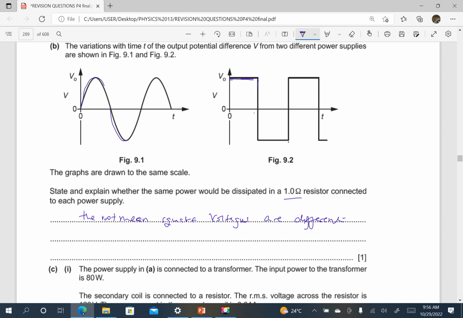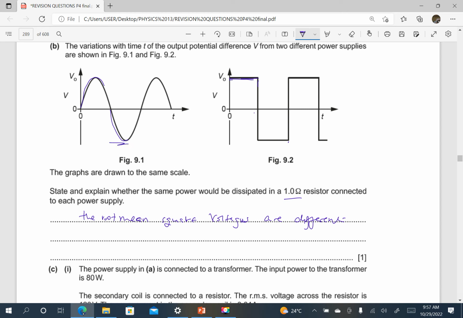You could even see that they are different. Reason: for the second wave, there is no fluctuation. It just jumps from one maximum to another maximum. The voltage here does not follow a sinusoidal variation as we see in this one here.